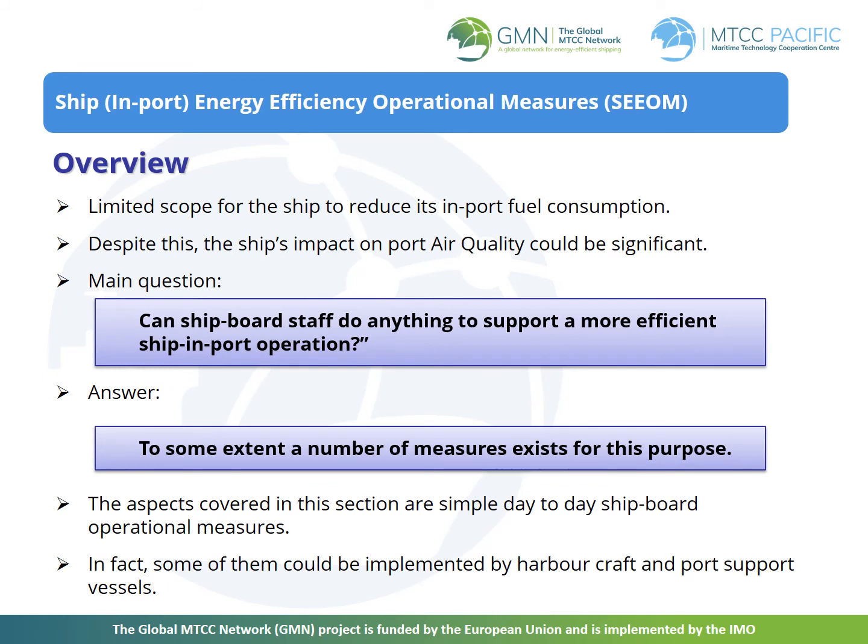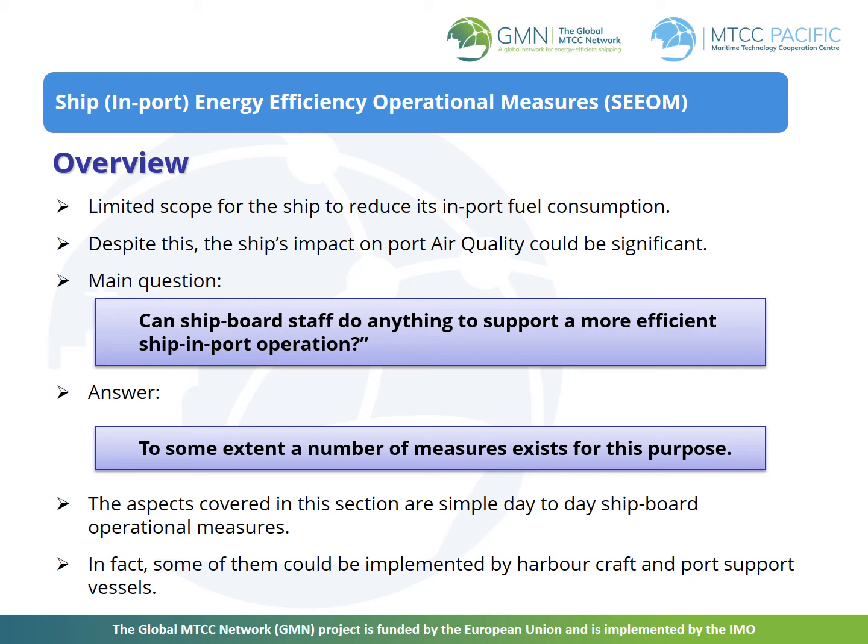When the ship arrives at a port, there is some limited scope for the ship to reduce its fuel consumption while at anchor or at berth. While such reduction in fuel consumption may not have a significant impact on a ship's overall annual fuel consumption, the impact on port air quality could be significant.